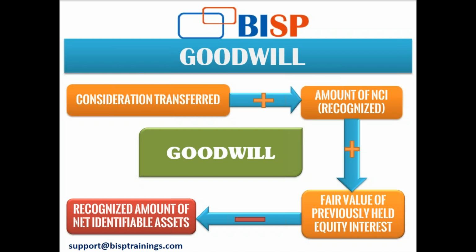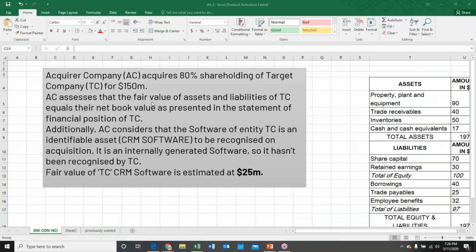So this $150 million is my consideration. Now AC assesses the assets and liabilities of TC at their net book value as presented in the statement of financial position of TC. So this means I do not need to revalue them as per the fair value standards. No measurement or recognition needs to be done. All are presented at the fair value.